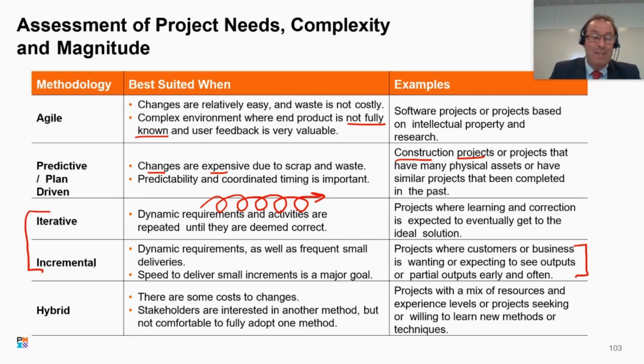Hybrid, of course, is taking the best of both worlds, as we've already said, and bringing it together, usually deriving some really good value add. Now, this is when you've got a project of all mixed requirements with a project team of all mixed capabilities.